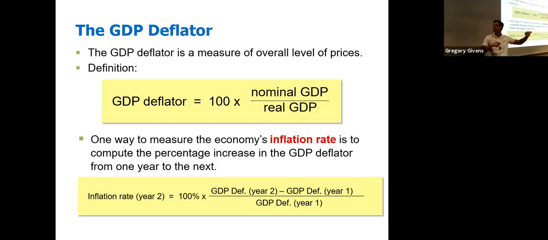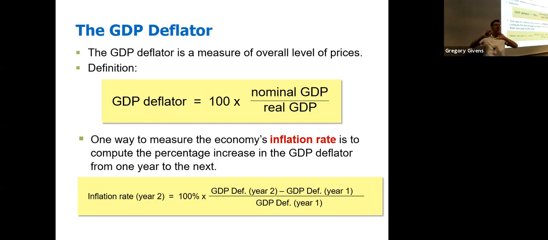Okay, so one way to compute the inflation rate is to apply this growth rate formula to the GDP deflator. So an economy's inflation rate, let's say in year 2, would be the GDP deflator from year 2 minus what the deflator was last year, divided by what the deflator was last year.